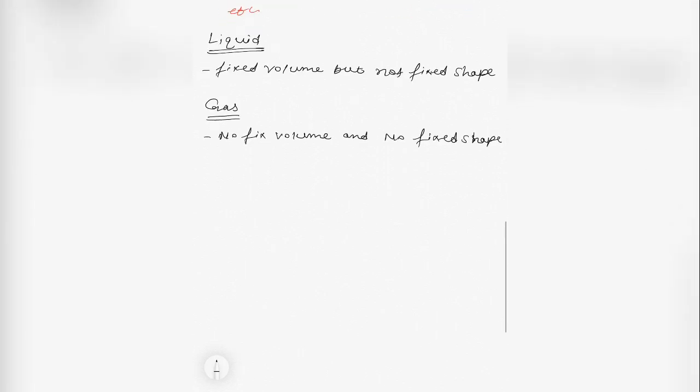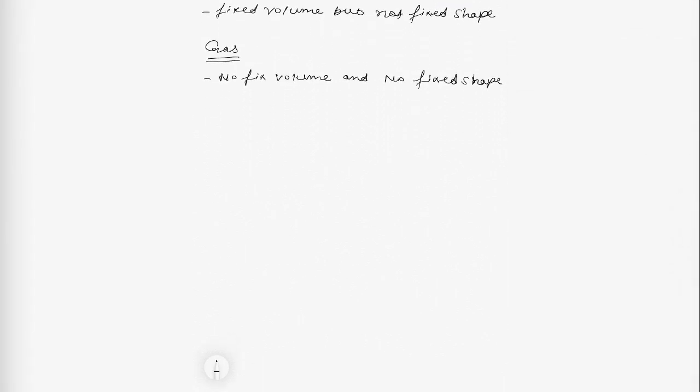If we talk about the fourth state, or derived state, that is plasma. Plasma is derived from gases, and it is obtained from the gaseous state by heating it. This is a highly energetic state of matter.